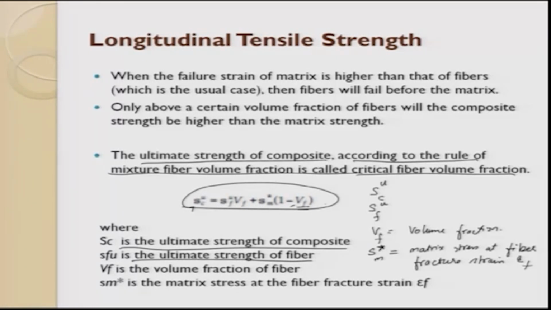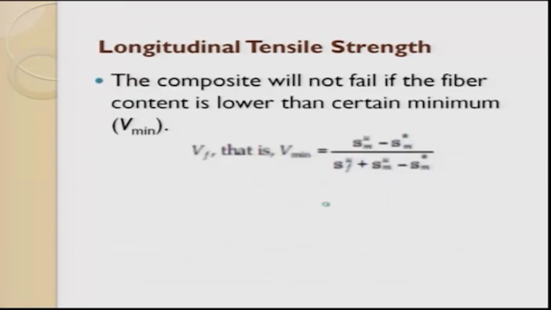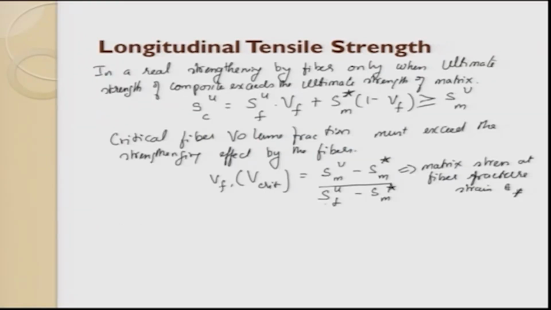So after the failure of all fibers, let me go ahead. After the failure of all fibers, what happens? All fibers fail. Then the composite, that means to say the matrix, takes the load.